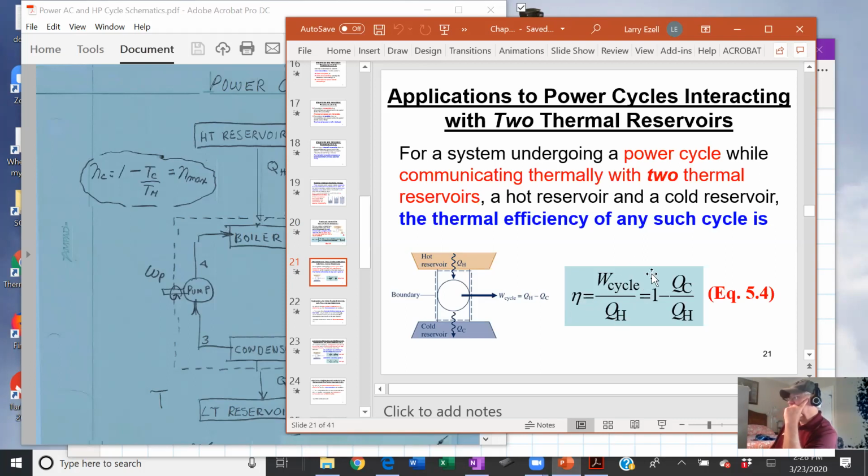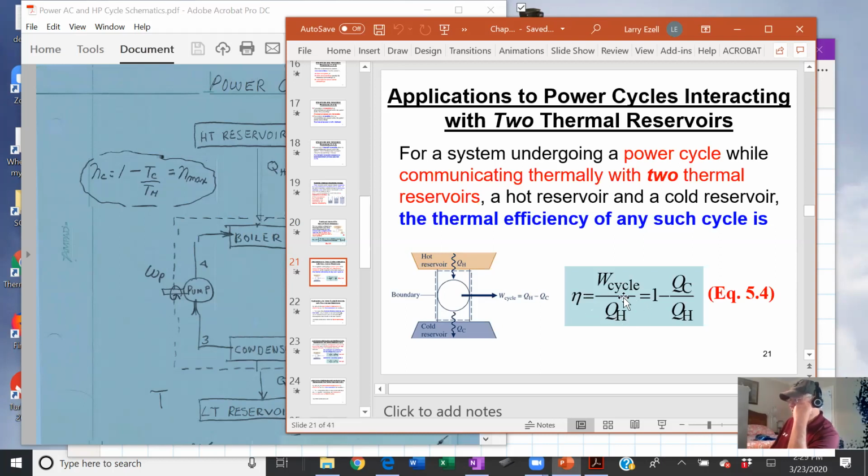And we know that the work of a cycle is going to be negative because, no, it's not either, is it? We're getting positive. The work of the cycle is going to be a positive number because we're getting work out of the turbine. QH is going to be a positive number because that's positive heat transfer. So you get a nice positive over positive.